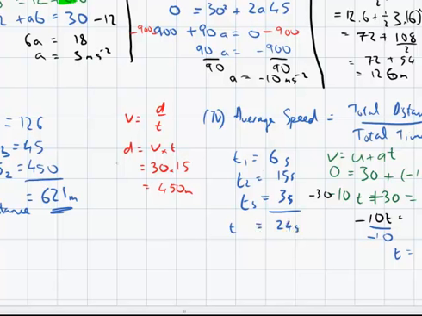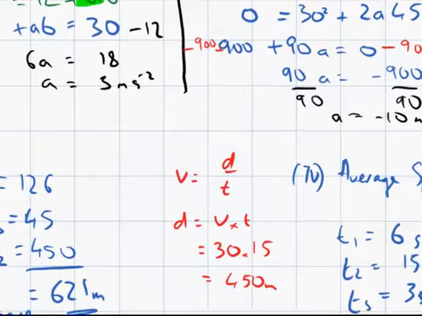Okay, so now we've got the total distance, total time. Let's put a little subscript on that, that's the total time. So we know the average speed is just equal to 621 divided by 24.